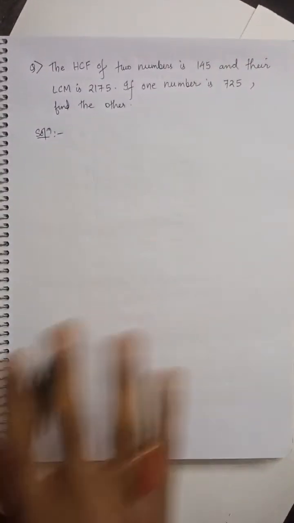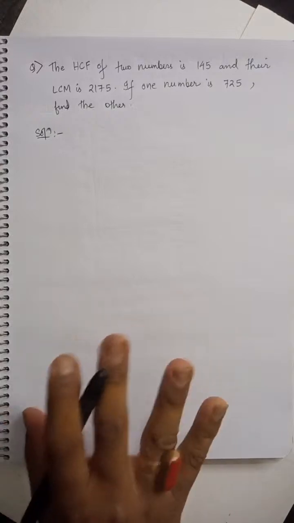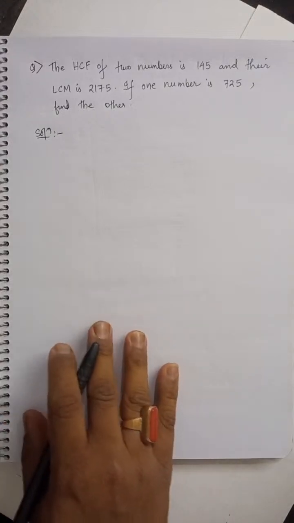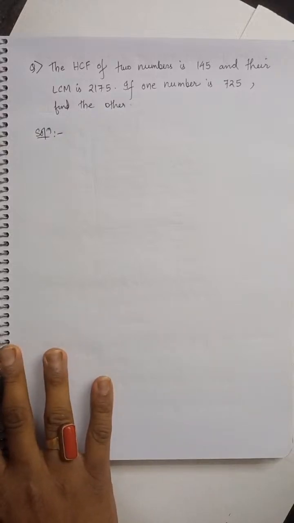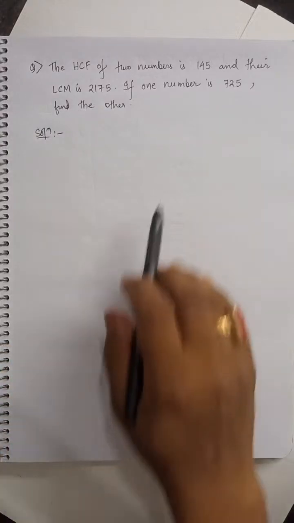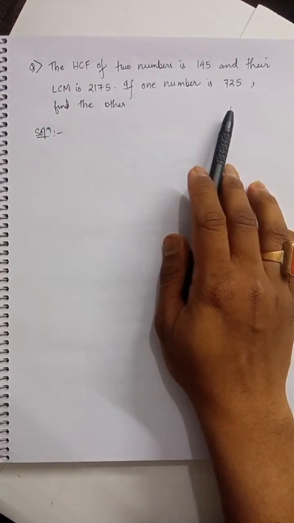So we have been told that the HCF of two numbers is 145. The LCM of those two numbers is 2175 and one of the numbers is 725. So we are going to find the other number.